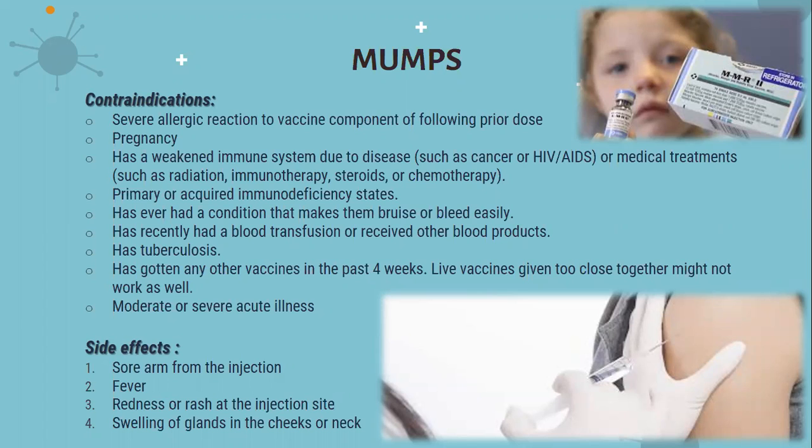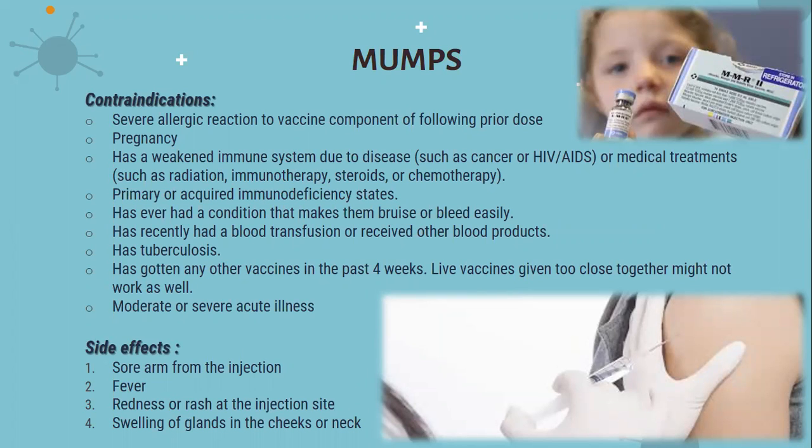Live vaccine given too close together might not work as well. So, yun yung sabi ko kanina. Dapat yung interval ng vaccine is more than 4 weeks para maging effective. Kasi, kung hindi siya more than 4 weeks, may tendency na hindi mag-work yung vaccine. Parang wala lang effect.